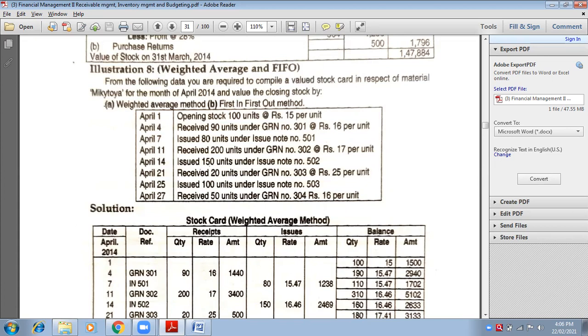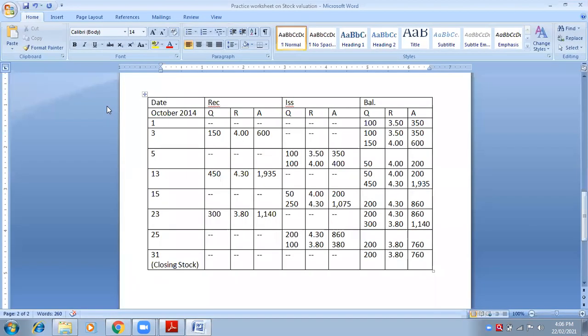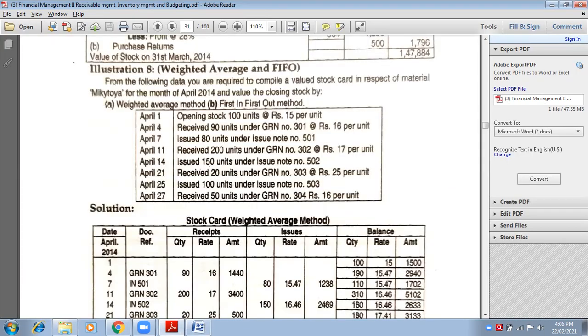Draw the lines. Should I do it with you, or are you able to do it now? Ma'am, we will do. Okay, fine. So start making the columns. You have to write statement of stock ledger account. In the bracket, you have to write FIFO method, first in, first out method.